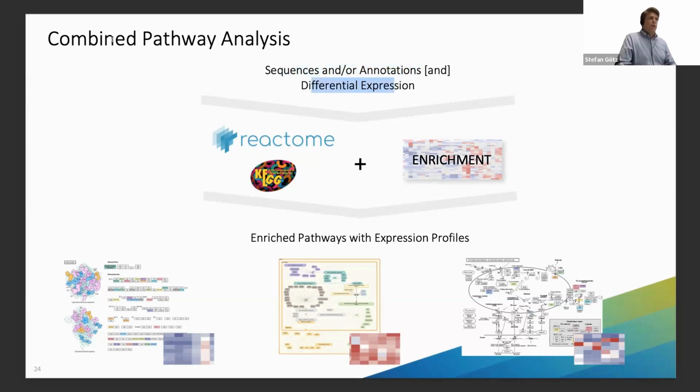Why is it called combined pathway analysis? It's called combined pathway analysis because we have different database systems like Reactome, KEGG, and Gramene, and we combine those in one analysis together with the differential expression and the annotations. We perform an enrichment analysis, and then we get these nice visualizations where we have enriched pathways with expression profiles, and we can review our data here.